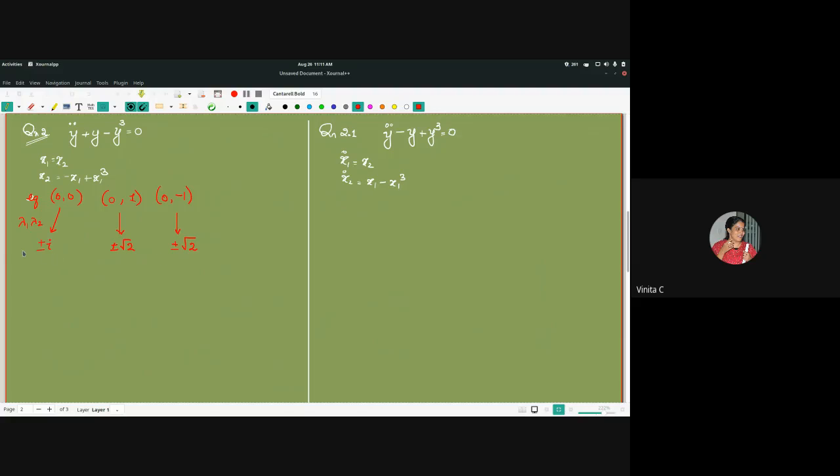If the lambdas are plus or minus i, how will the behavior of the system be? This is the x1, x2 plane. I will just mark the equilibrium points here. This is x1e, x2e and x3e.